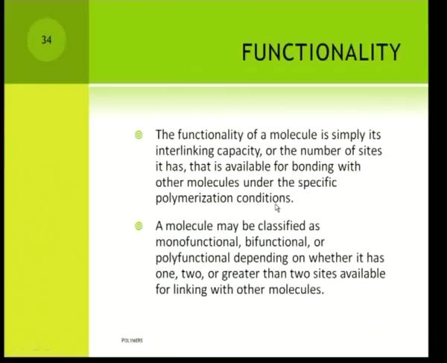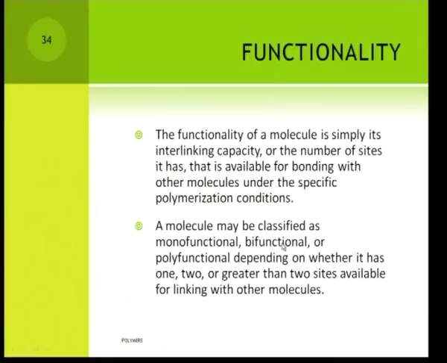A particular compound can behave as a monomer depending on its interlinking capacity, which is the number of sites available to form such links, and this is called the functionality of the molecule.